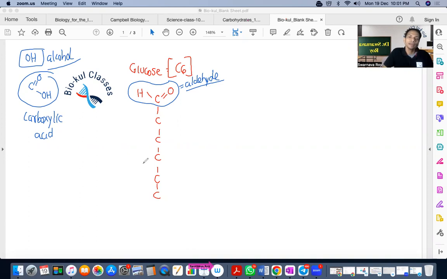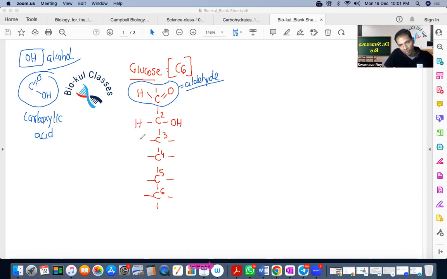What else do we have in glucose? Glucose has six carbons: the first carbon, second carbon, third carbon, fourth carbon, fifth, and the sixth carbon. As we know, carbon has four bonds to satisfy. So the other carbons in glucose have a CHOH group.